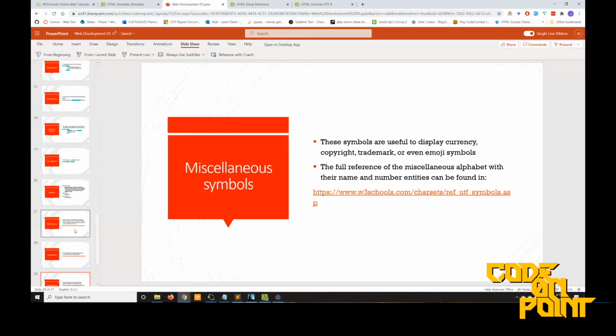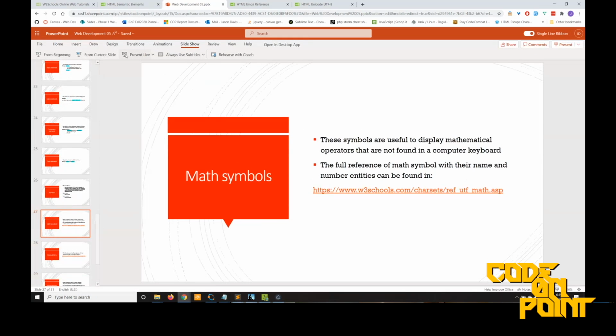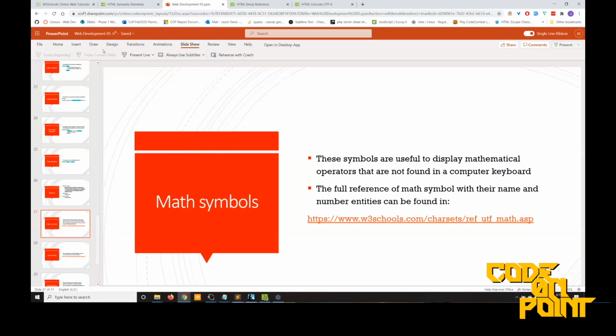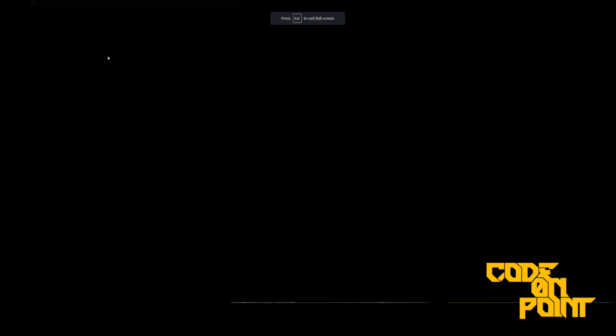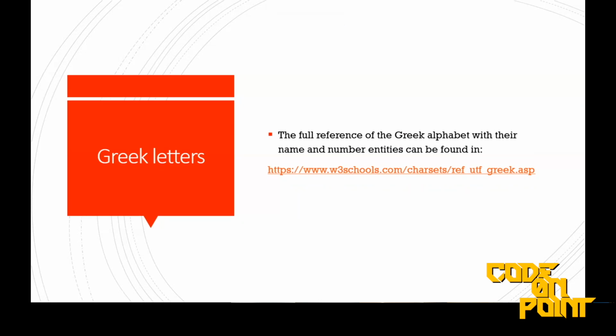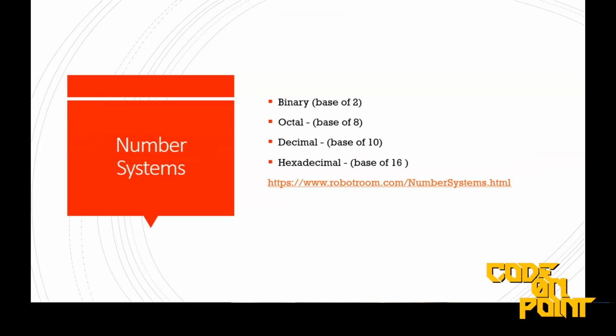Let's see. So Greek letters, miscellaneous ones. Now this one's very important. Number systems.